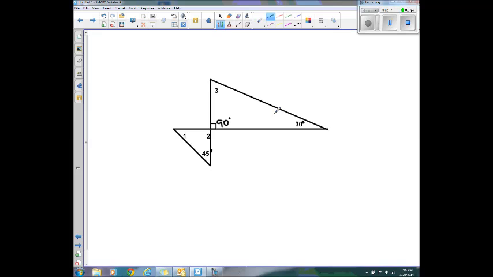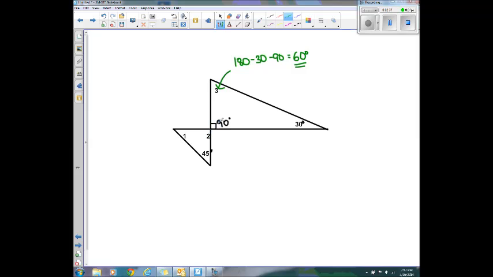So if I have 90 degrees and 30 degrees, then my missing angle, angle 3, will be 180 degrees minus the 30 and minus the 90, which will tell me that that angle is going to be 60 degrees.